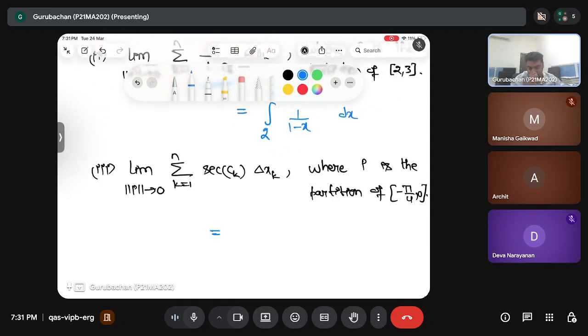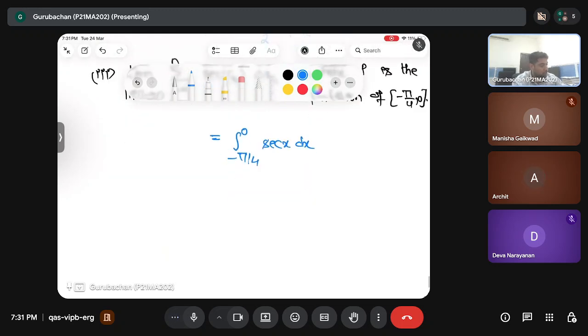What will be the integral in this case? Minus pi by 4 to 0 sec x dx. Secant x dx. Clear?